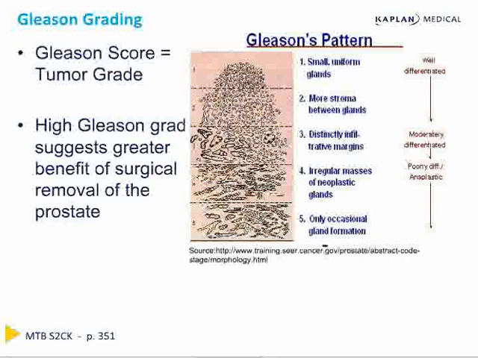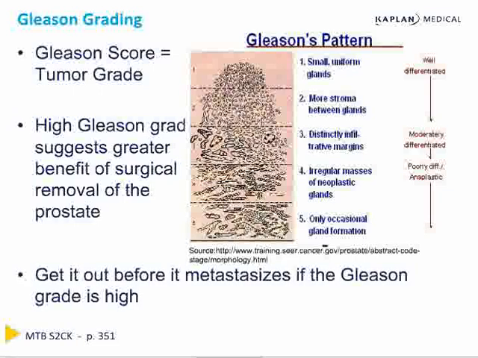A Gleason score is obtained by a pathologist looking at the biopsy specimen under the microscope, and the oncologist or urologist uses the Gleason score to help estimate prognosis and choose treatment. Studies suggest that a high Gleason score means a patient may derive more benefit from prostatectomy rather than radiation or one of the other first-line treatment options.